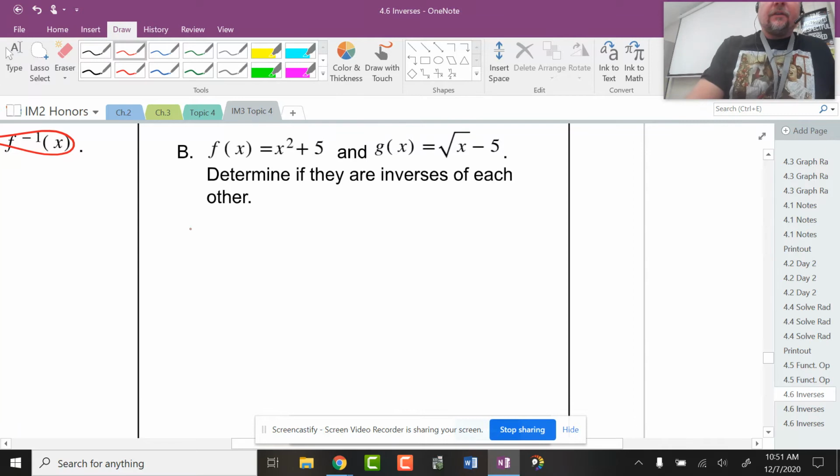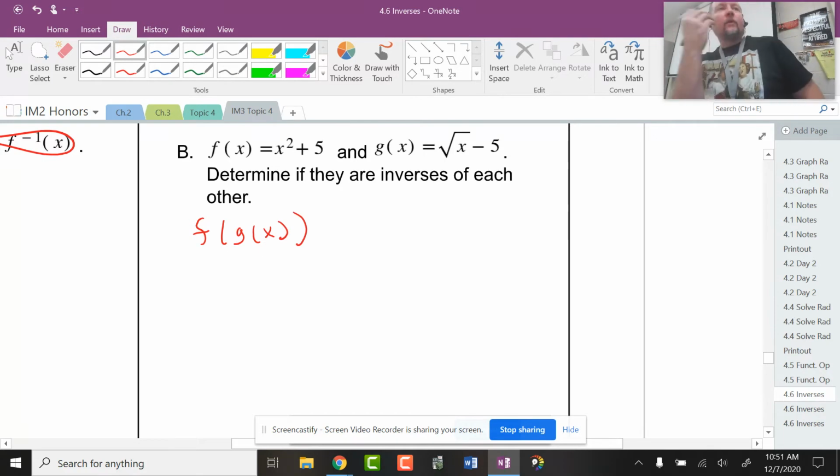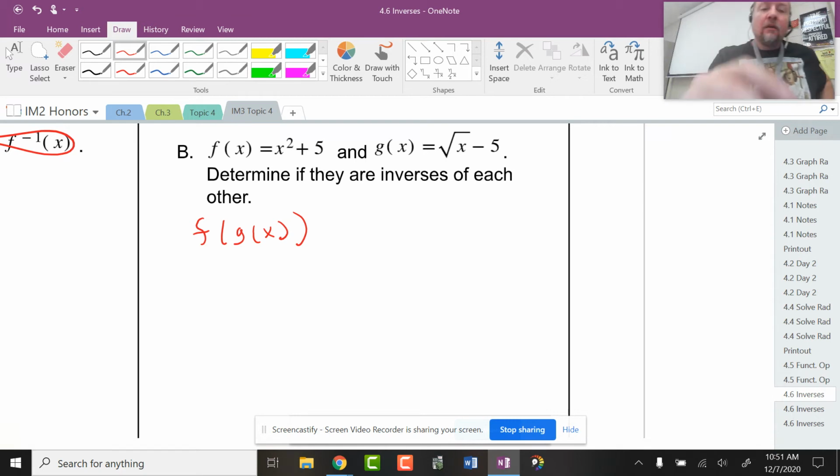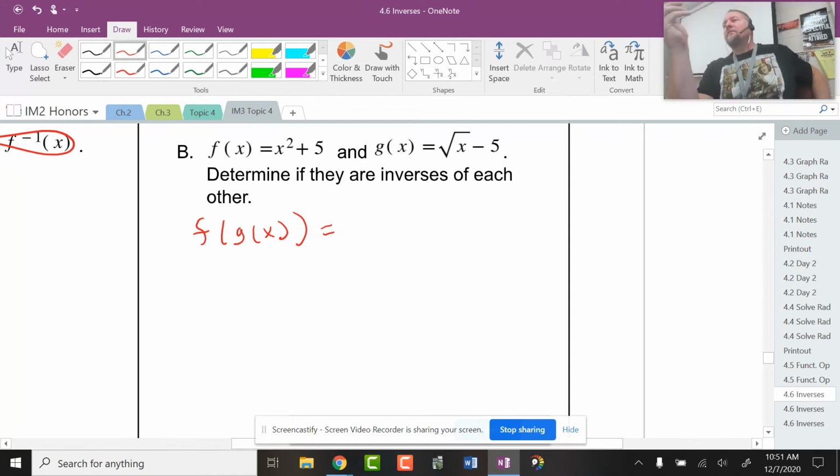So what you're going to have to do is f of g of x and go through that process and see, do I get what I'm supposed to get, x, as a result, and just accept that and move on. So Patrick, what would be the next thing that I write? Be my pen. Tell me what to write as far as going through the process of doing f of g of x.